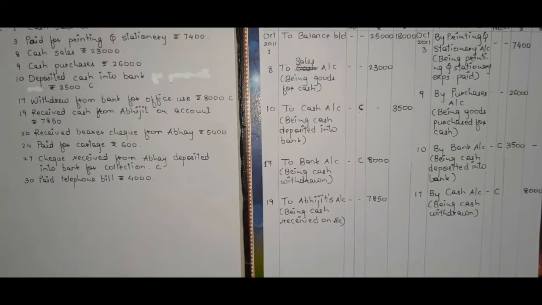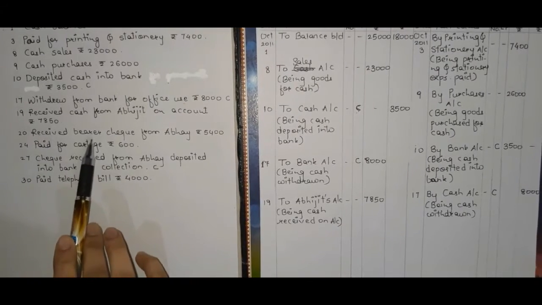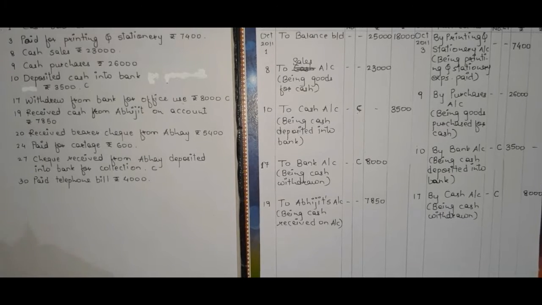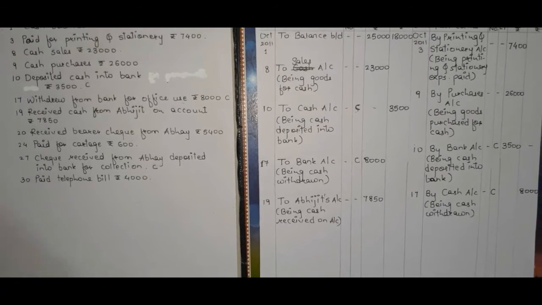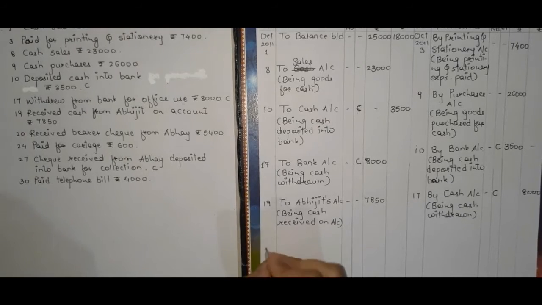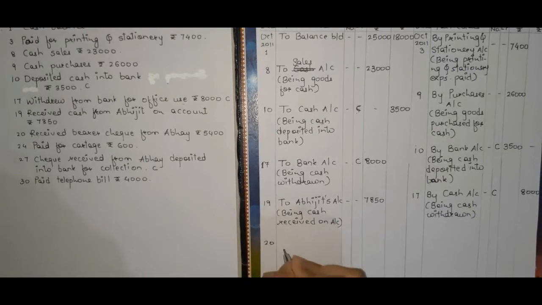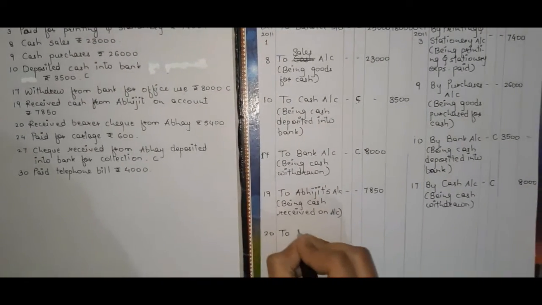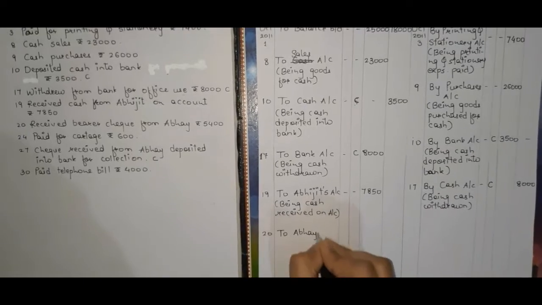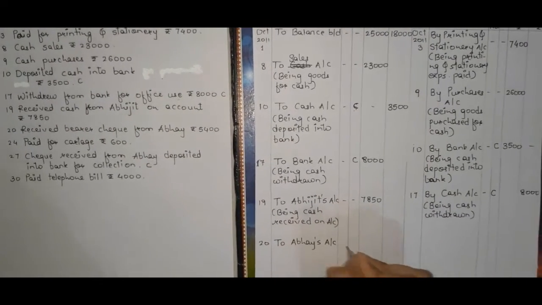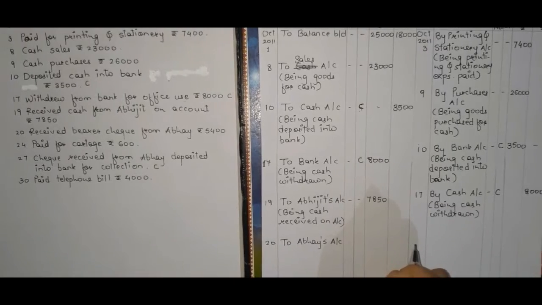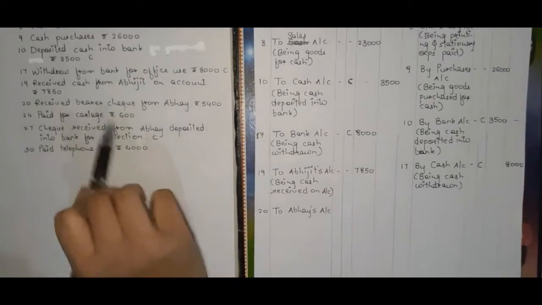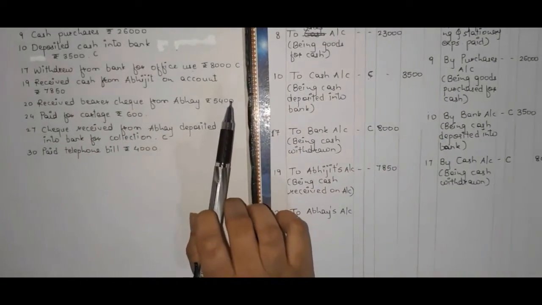Okay, now next transaction. Received bearer cheque from Abhay rupees 5,400. Now here again we have received it, so we will write here in the receipts column 20th October, to Abhay's account. Since from Abhay we are receiving that bearer cheque, the amount we are receiving through cheque.